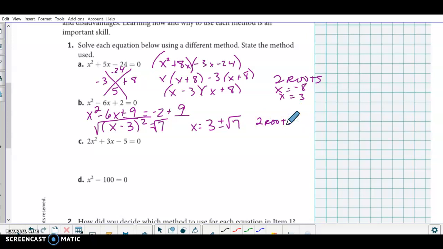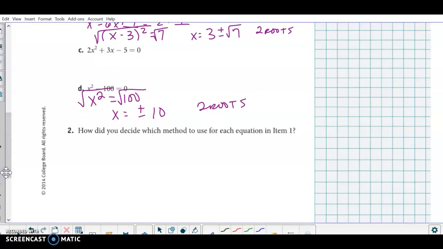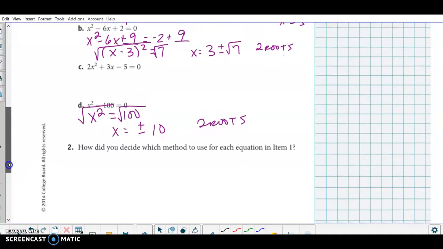Maybe on D, I would just do the square root method, and I could say x squared equals 100 and take the square root on both sides. I could say x is plus or minus 10, and again, we have two roots. So we've talked about lots and lots of different ways to do this. How would you decide? Factoring is the easiest way, so I would look to see if I could factor first.